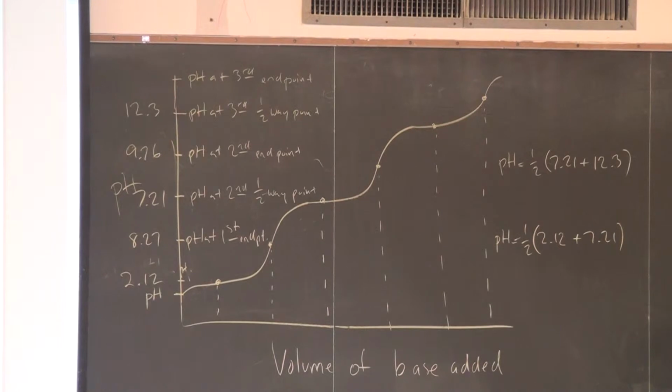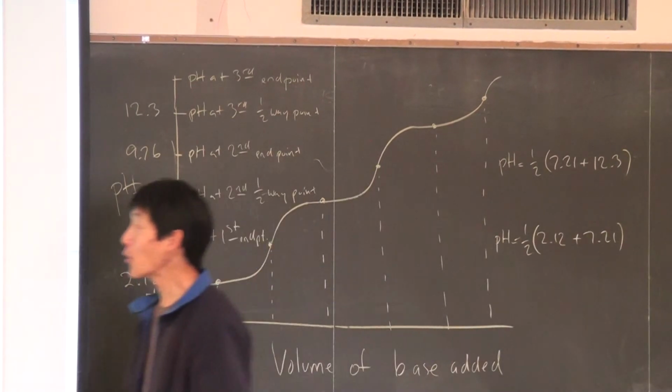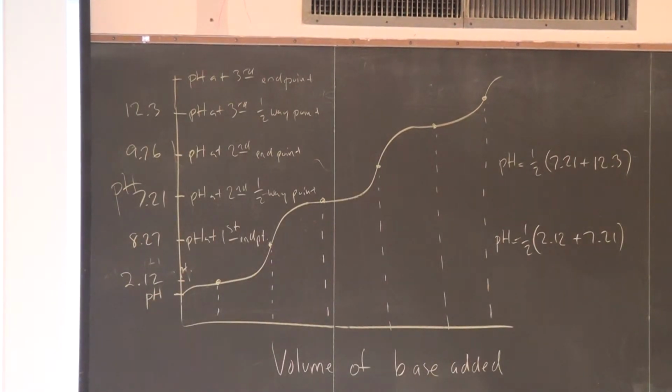The negative log of the molarity? No. Is this a strong acid? No, it's based on the Ka, note that H3PO4 is a weak acid. Yeah, so we just can't assume that the 0.1 molar is going to be the concentration of H plus.